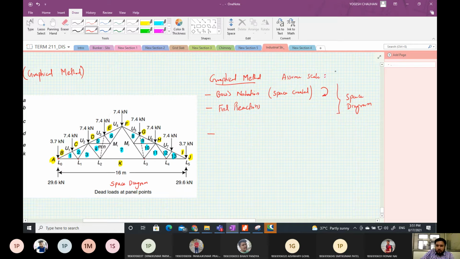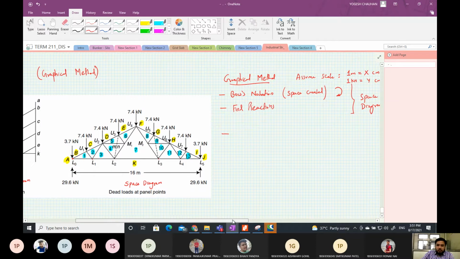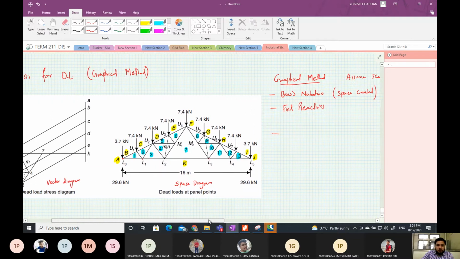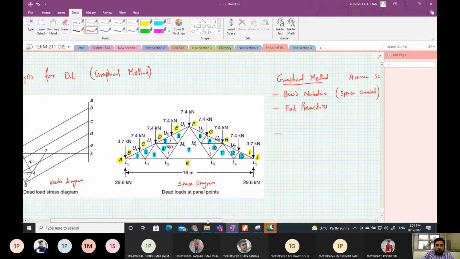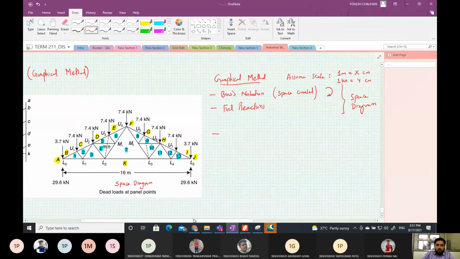Let us say 1 meter equals x centimeter, and 1 kilonewton equals, let us say, y centimeter. So you have to assume some scale depending on the area of the plot you have, so that it fits into your sheet.